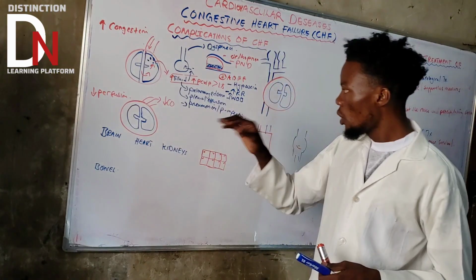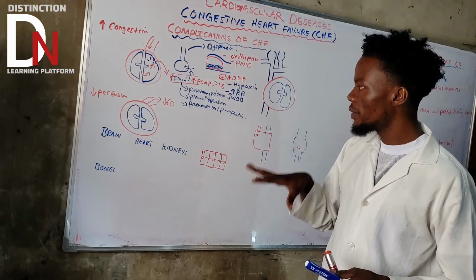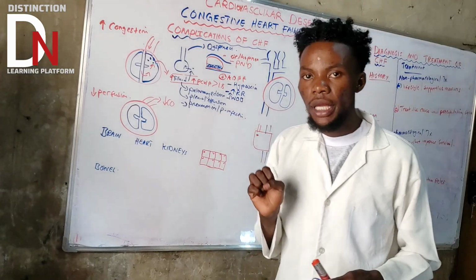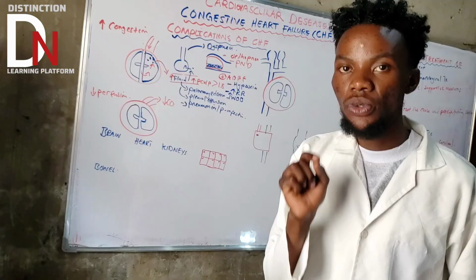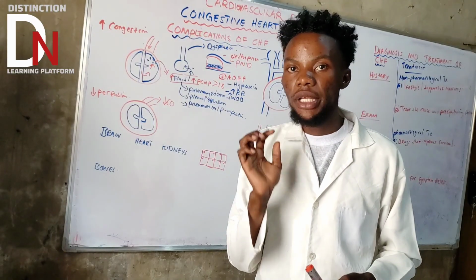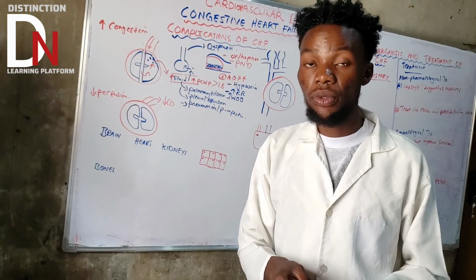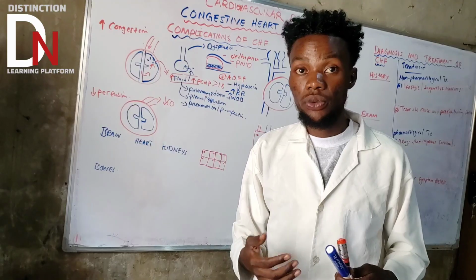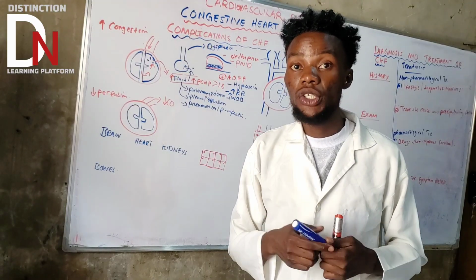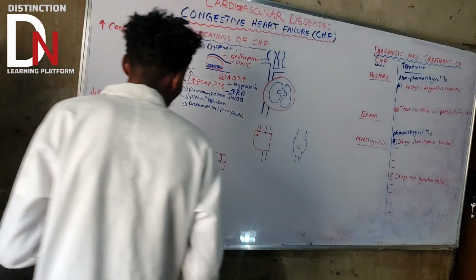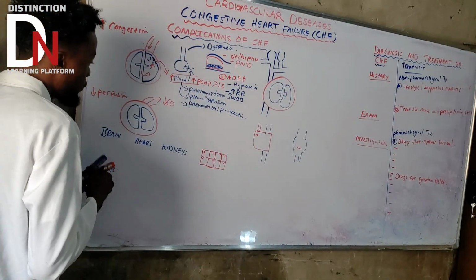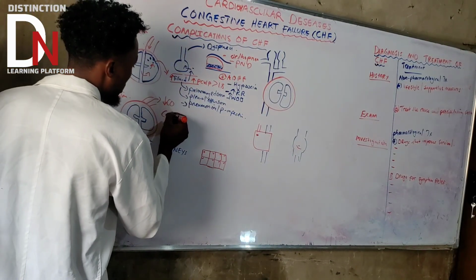Now, what do we call it if the heart is failing, has low cardiac output, and is failing to perfuse tissues or organs efficiently? We call that type of shock cardiogenic shock.